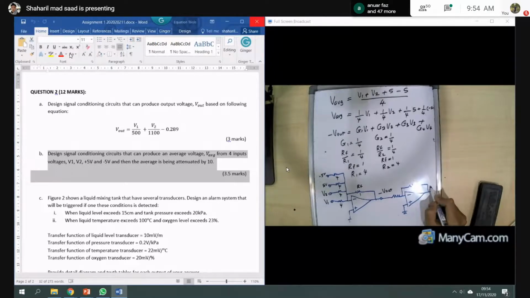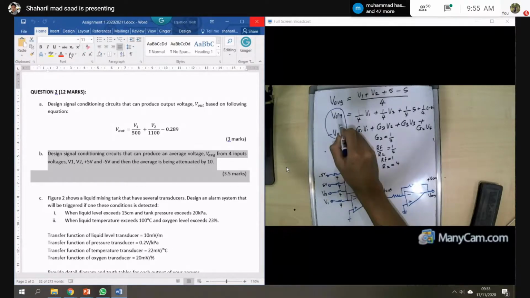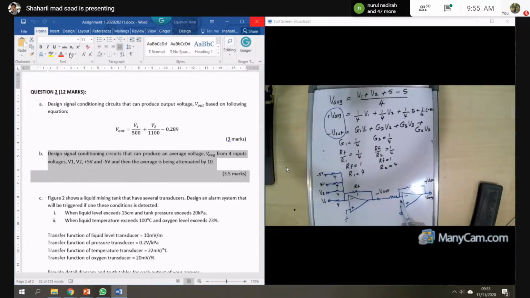So this one we call it positive V out, or the same thing as V average here. Because of this one, minus V out, and we want the positive V out, we want the positive V average. So that means we need another inverting.